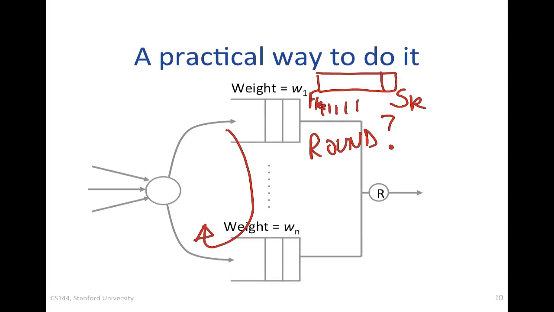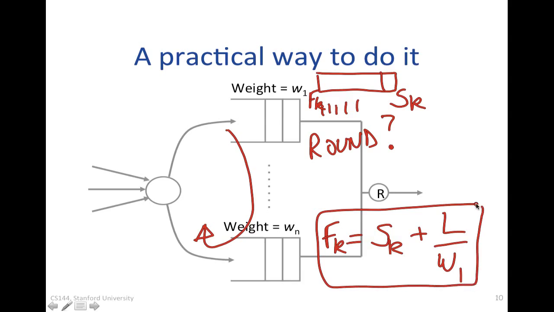Because we're serving everything in rounds, and time progresses in rounds, we can say the finishing time of this packet is its starting time in rounds plus the length of the packet divided by W_1. That's because that first queue will receive exactly W_1 bits of service in each round. So its finishing round is its starting round plus its length divided by the number of bits it gets served per round. Okay, so this is the finishing time here.